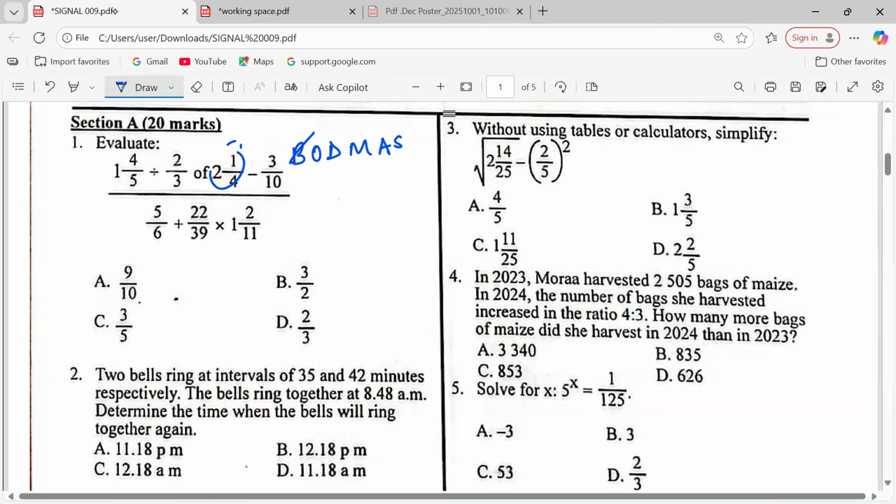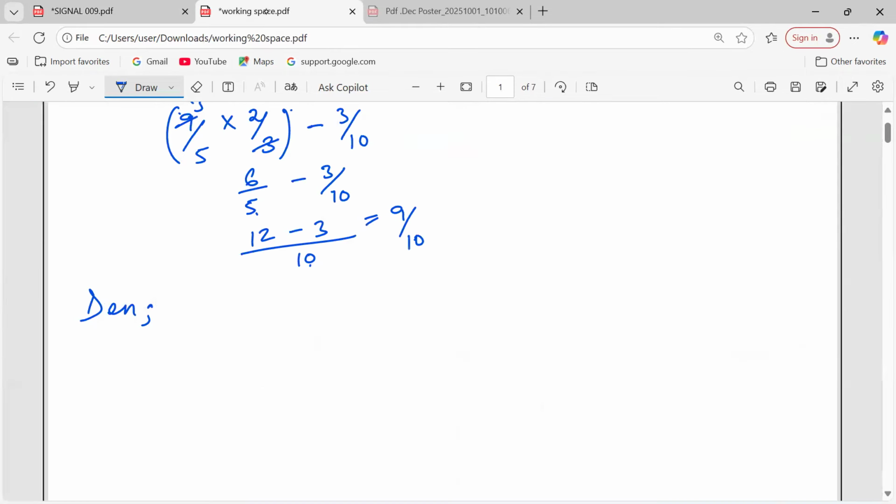Now look at the denominator, ladies and gentlemen. We're having 5 over 6, then plus 22 over 39, multiplied by 1 and 2 over 11. Now we work out the multiplication first before the addition. Therefore, we'll be having 5 out of 6, then plus, we first work out whatever is here. We multiply first.